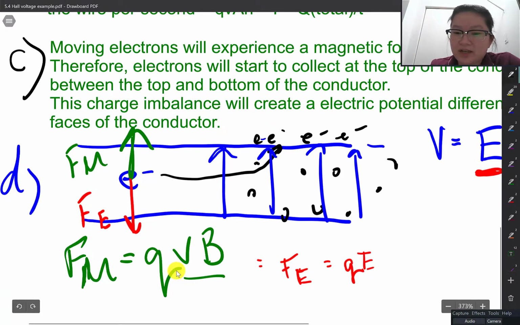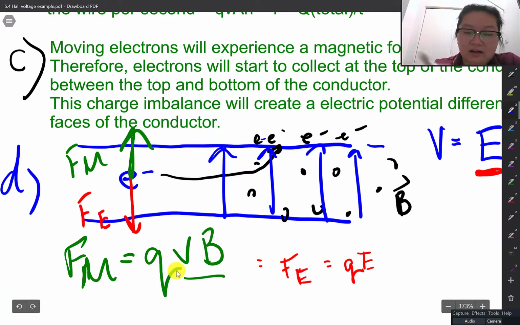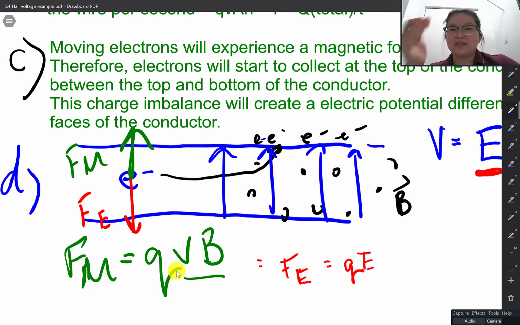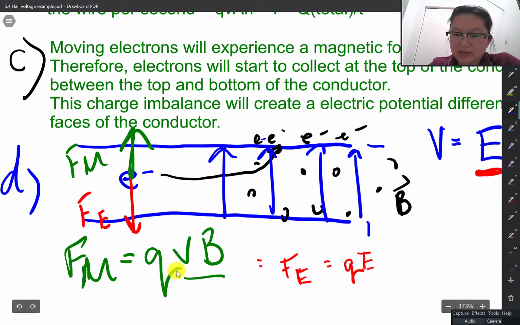You're also going to get a magnetic field, or it was already there to start with. And notice the magnetic field is not going to change because it's just externally applied. But over time, as these electrons build a charge across the top, it will start to create an electric field as well. So there's our electric field, which I'll just write E there. So we have an electric field as well as a magnetic field.